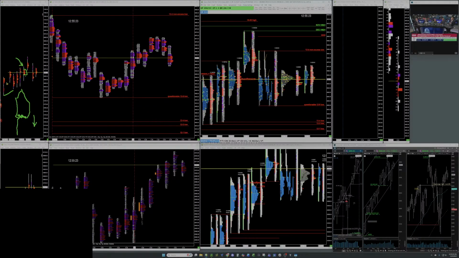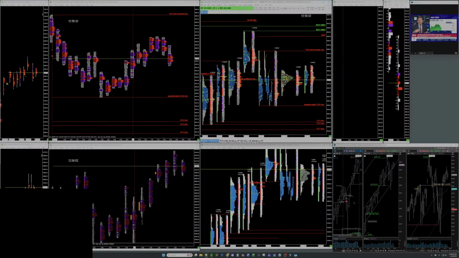The thing the market does is it doesn't challenge this volume. It didn't even get to the center, right? It opens, and up we go, right?